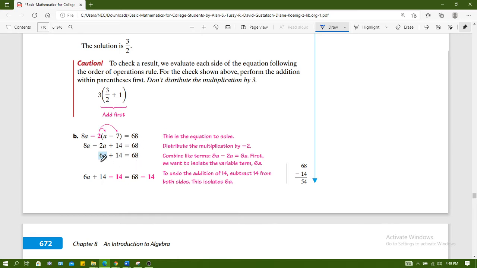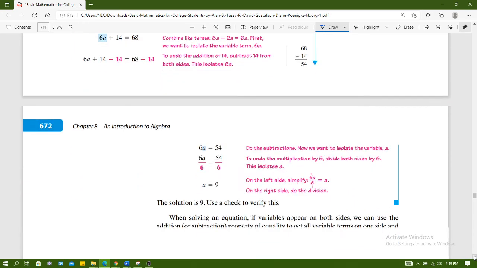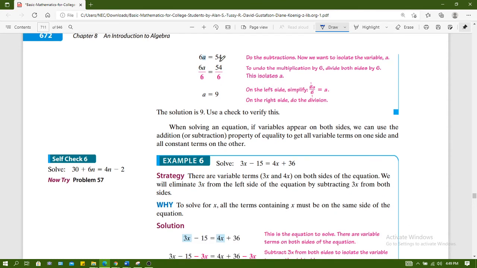Now, the next step is to combine like terms. 8a minus 2a is 6a, plus 14 equals 68. And since this is addition, we need to remove this value from the left side and remove the same value from the right side. So 6a plus 14 minus 14 is equal to 68 minus 14. Now let's proceed. So 6a equals 54 by doing the subtraction.